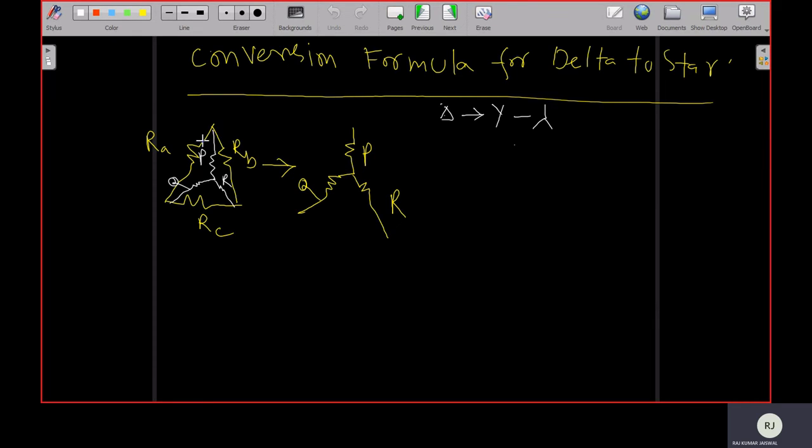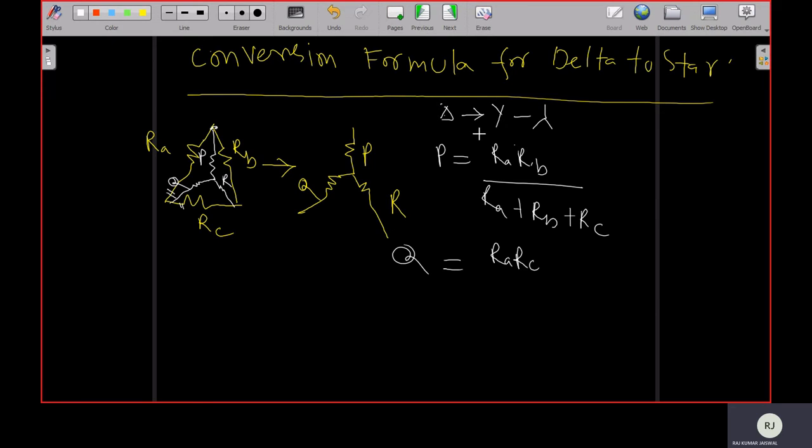When we convert delta into star, P equals the multiplication of the branches touching it, RA RB, divided by the total summation, RA plus RB plus RC. Q is what? Here, whatever is touching Q, we multiply: RA RC divided by RA plus RB plus RC.